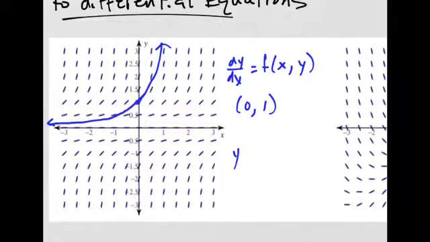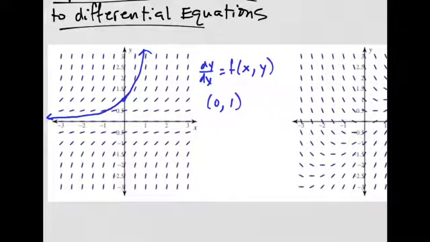However, I don't know yet. I would have to have the exact differential equation that generated this slope field to figure that out exactly. But I could guess. So this is called a particular solution, and this is called an initial condition. So if I just said in general, what does the solution look like?